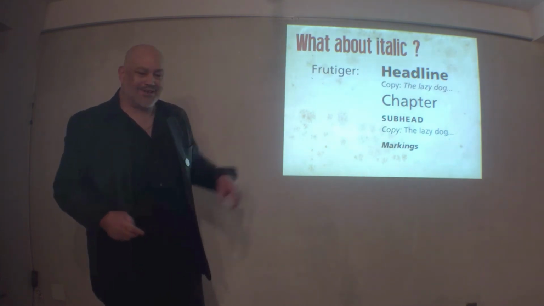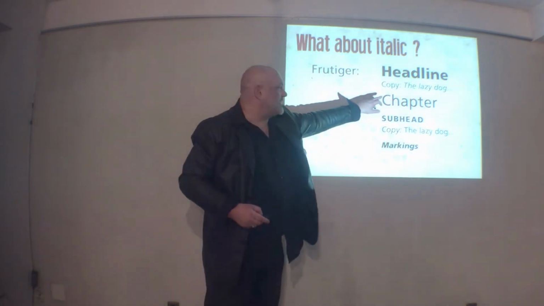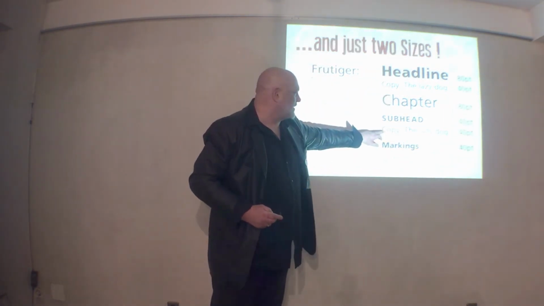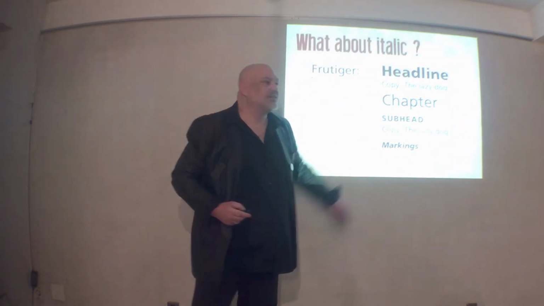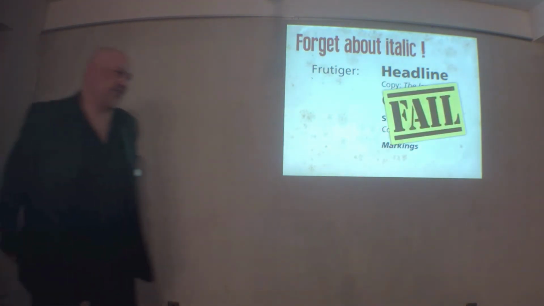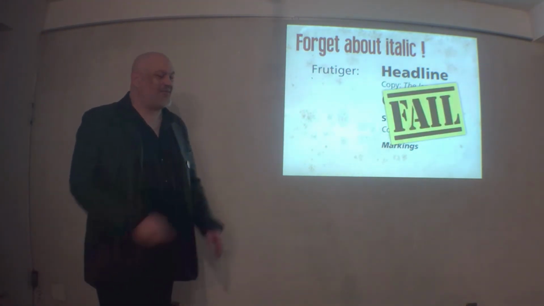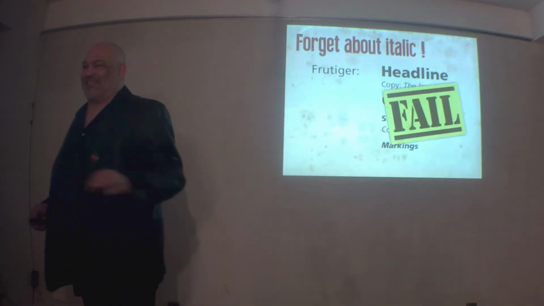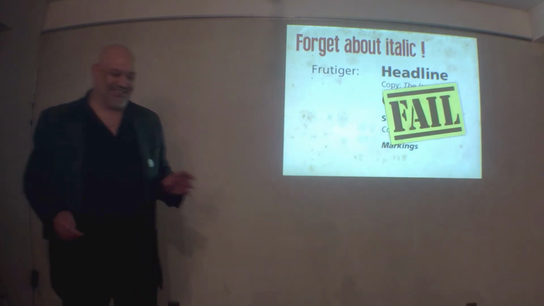I hear you. See that? Nobody recognized the change of the lazy dog or the copy or the markings. What about italic? Forget about italic, it's a big fail. Nobody sees it. Really, nobody sees it.